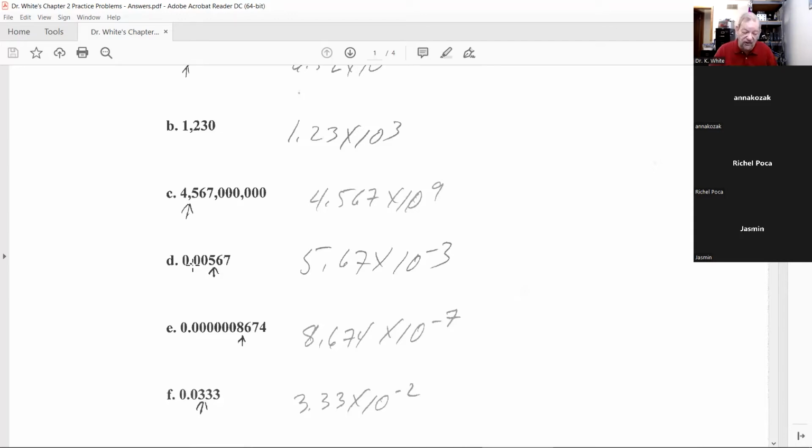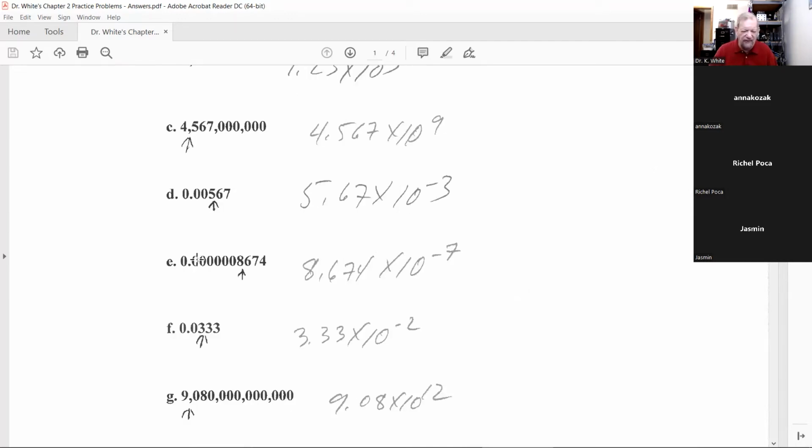You keep them because there's a decimal. Do I have an example of that? Well, I'll do one on my whiteboard. Now, when the number is less than 1, 10 to the x is a negative power. We moved it 1, 2, 3 times, therefore it's 10 to the minus 3.